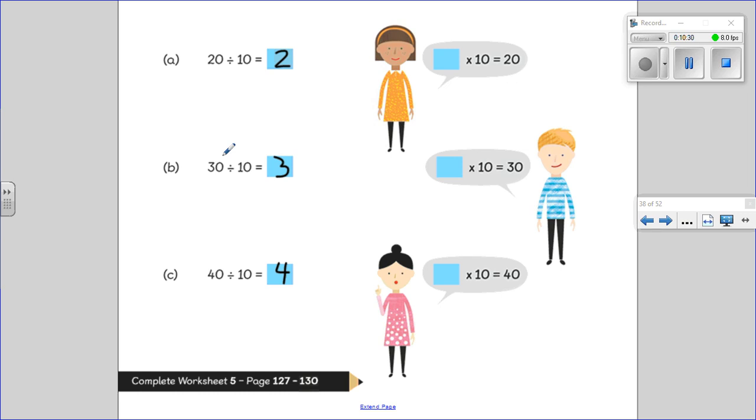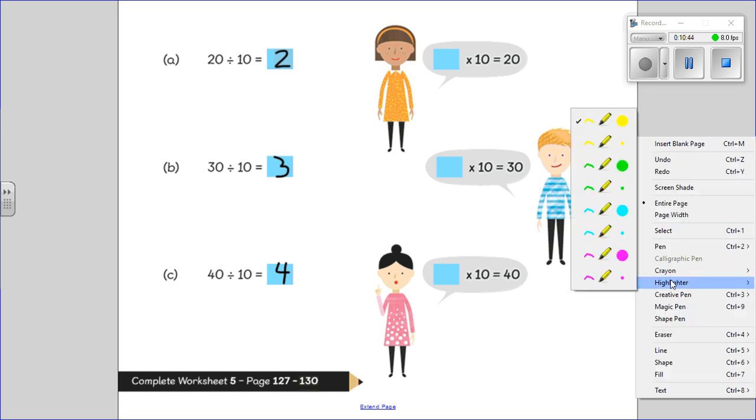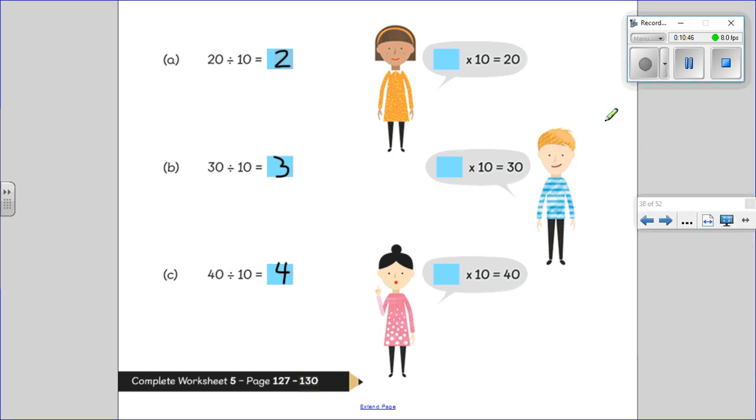Have a little think. We've got 20 divided by 10 is 2, 30 divided by 10 is 3, 40 divided by 10 is 4. Have a little look and have a little think. Is there a pattern? Is there something that's the same? Okay, so you might have said that we've got here our 20 and we've divided it by 10. So we've got our 2 here and our 2 here.